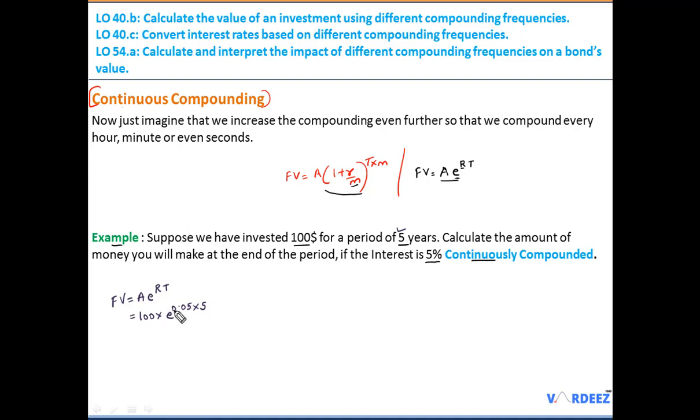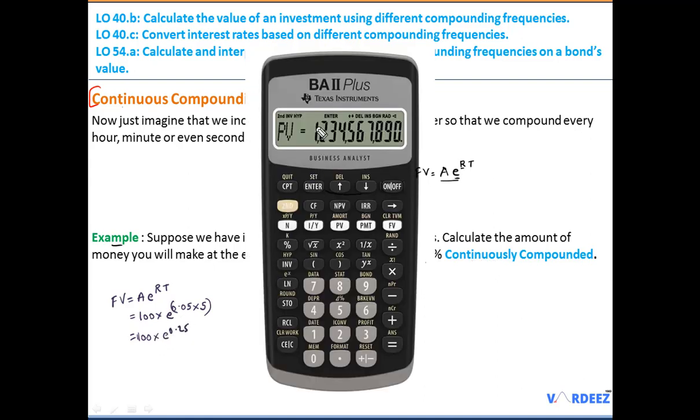So what we do is first solve this thing here. 0.05 times 5 is 0.25, so that is going to be 100 multiplied by e to the power 0.25. Now this is just an image of the calculator that we are using. I've brought an image here so that we understand how to calculate this e.